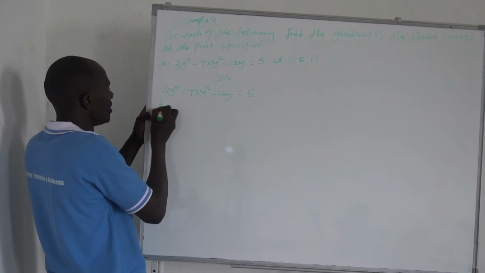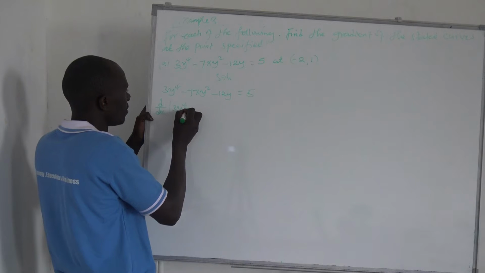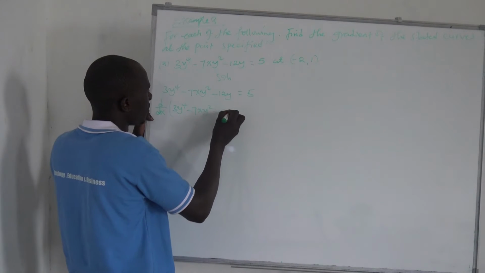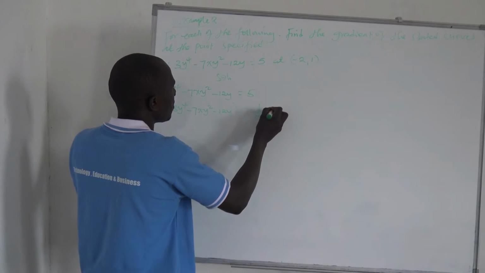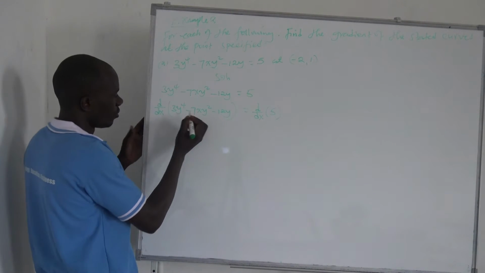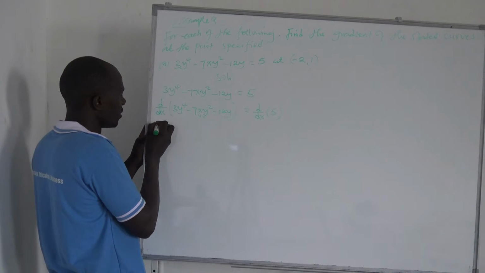So can we look at d/dx of 3y power 4 minus 7xy squared minus 12y equals d/dx of 5. So can we differentiate? We observe that there is uv. When we differentiate 3y power 4, what do you get?